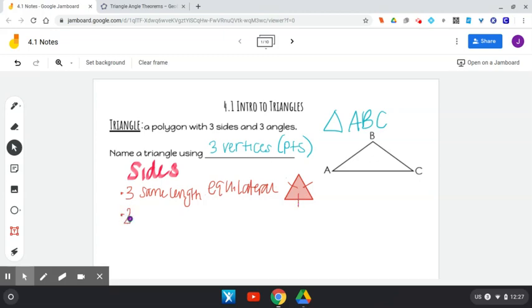Another way is two sides with the same length and the third one wouldn't. And these triangles are called isosceles. So this might look something like, that's not what I wanted. I don't like that.